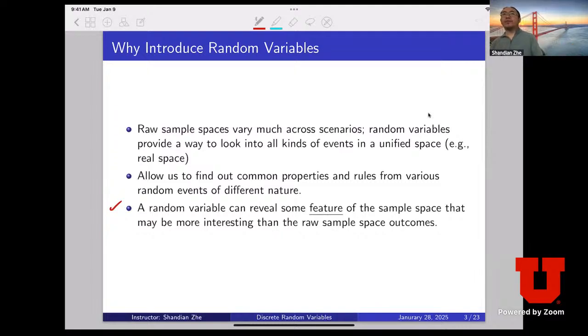And people would like to extract commonly used rules, properties, or mathematics underlying all possible randomness. That's why we need a unified framework to analyze those things. So we map the outcomes of all kinds of random experiments into a real number space. Mathematicians and statisticians only need to focus on this abstract yet unified space and look at what kind of lemmas and theories we can get out.